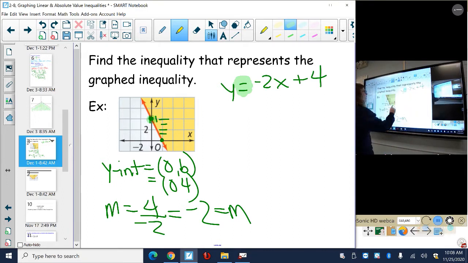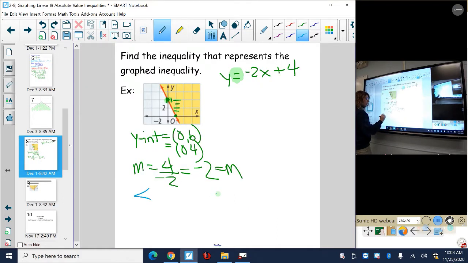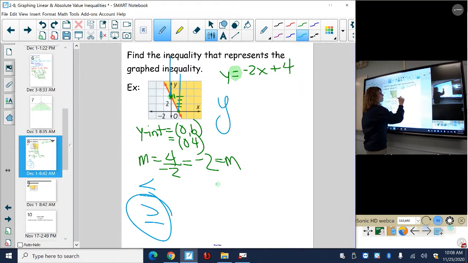So I asked myself 2 questions. Is the line solid or dotted? The line is solid, which means I am utilizing less than or equal to or greater than or equal to. From this point, is the shading above it or below it? It is above it, so above means greater than. So y is greater than or equal to negative 2x plus 4.